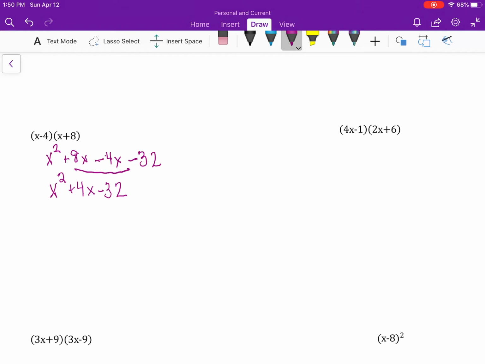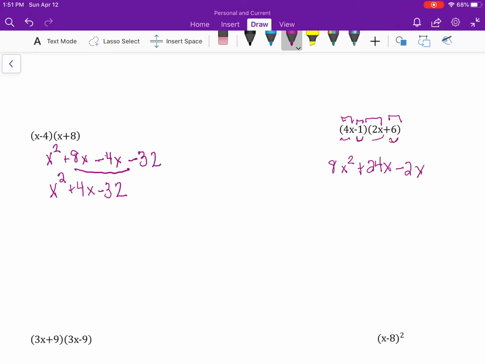Okay, let's try another one. 4x times 2x gives me 8x squared. Outside, 4x times 6 gives you plus 24x. Inside, negative 1 times 2x is minus 2x.